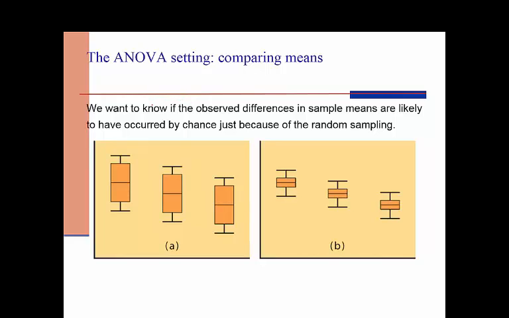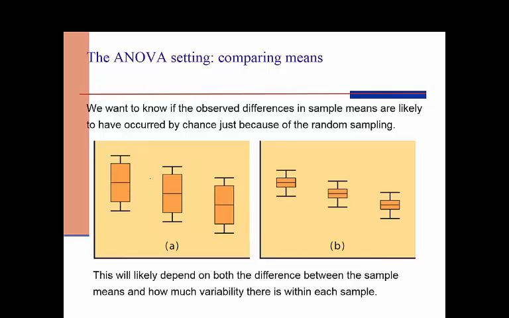So why do we do it? The goal is to find out if the difference in means actually means that the samples are different from each other. That's what ANOVA tells us. Okay, so look at picture A and picture B. Picture A shows 3 different data sets. These are the box plots.